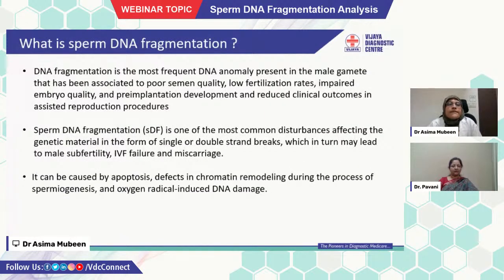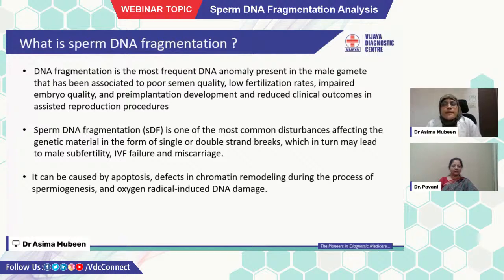What is this sperm DNA fragmentation? It is the most frequent DNA anomaly present in the male gamete that has been associated with poor semen quality, low fertilization rates, impaired embryo quality, pre-implantation development, and reduced clinical outcomes in assisted reproduction procedures.